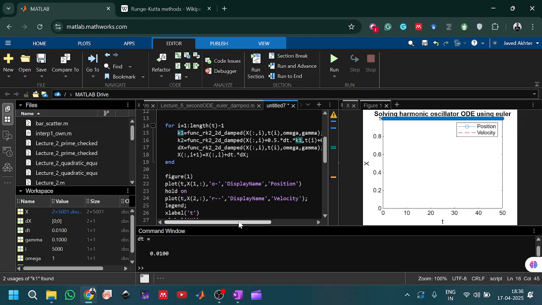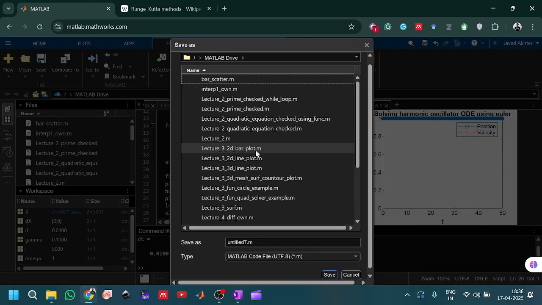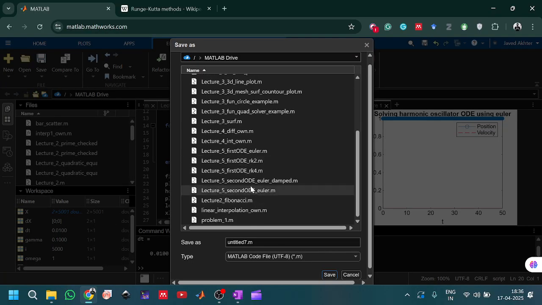Now it should work, and this dx is not needed right now. And here you will just write down K2. So it should work. What will be the name? Euler second ODE, and this is not Euler, so this is RK2.